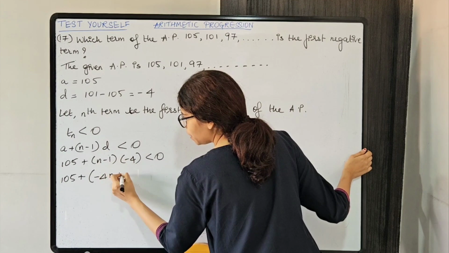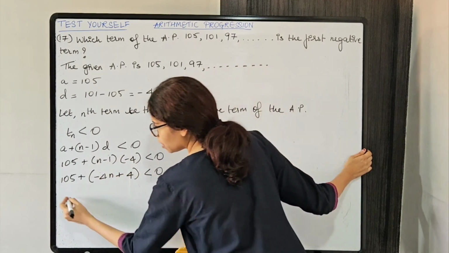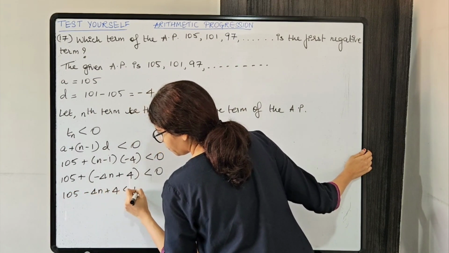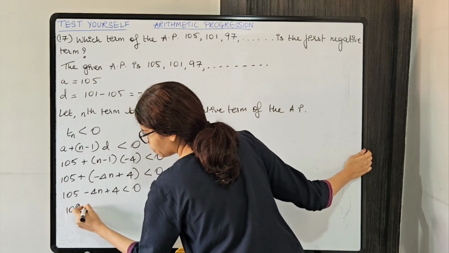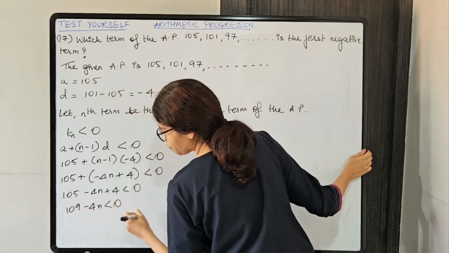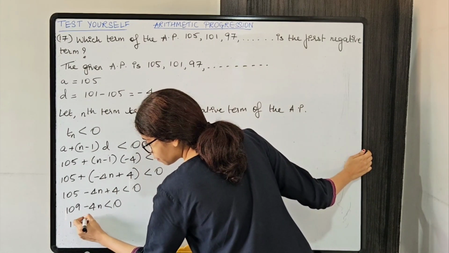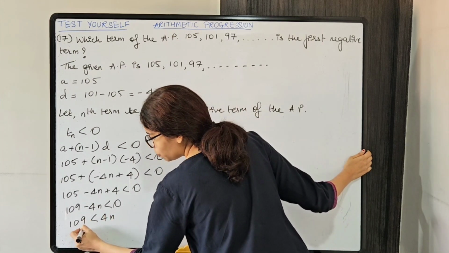Minus into minus plus 4, ones are 4, less than 0. Now opening the brackets. 105 plus 4 will give 109 minus 4n less than 0. Let's shift 4n. So shifting 4.